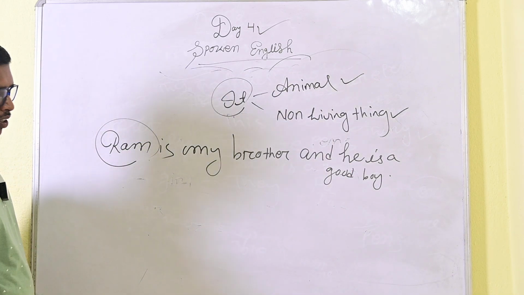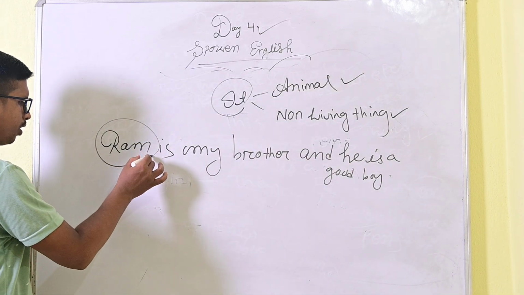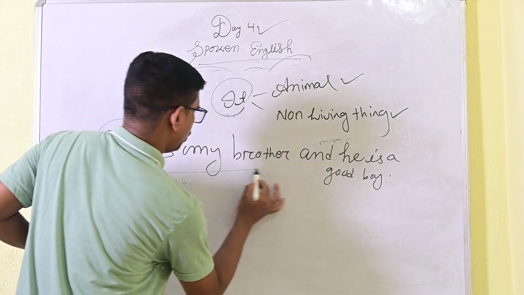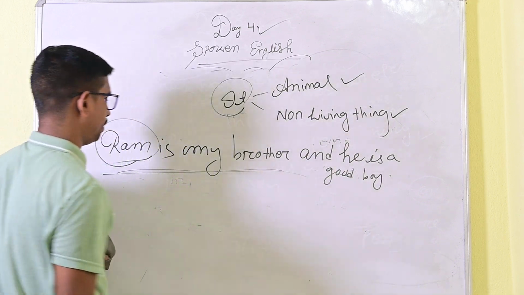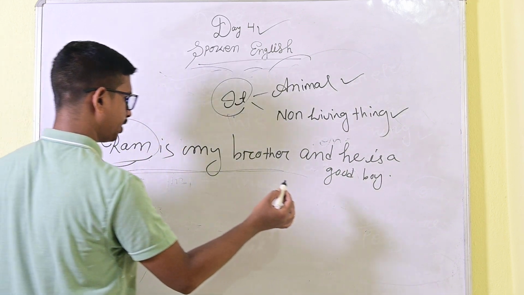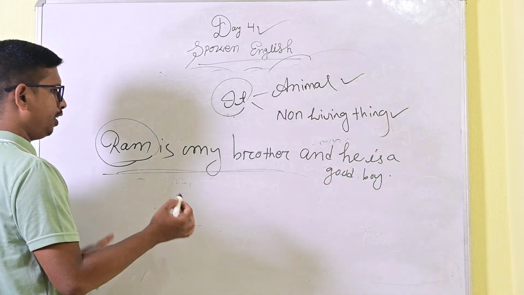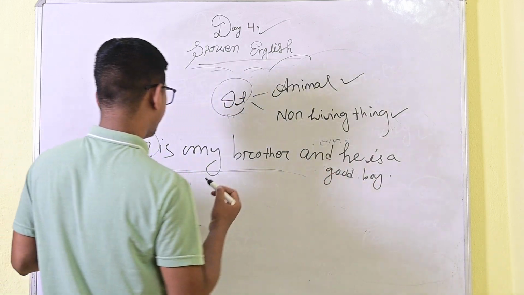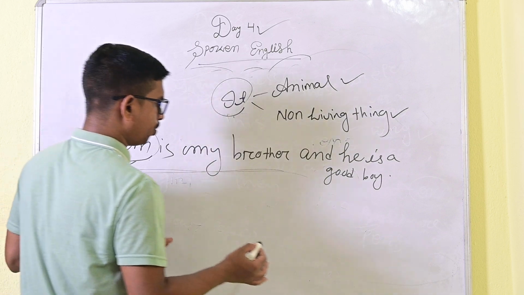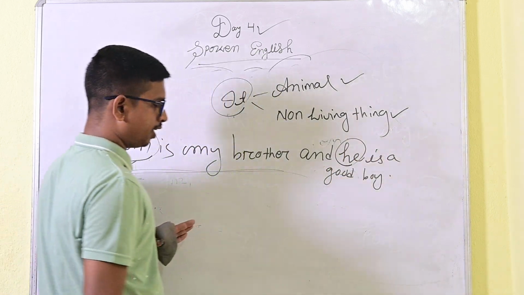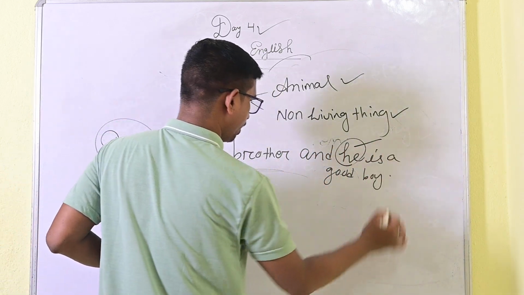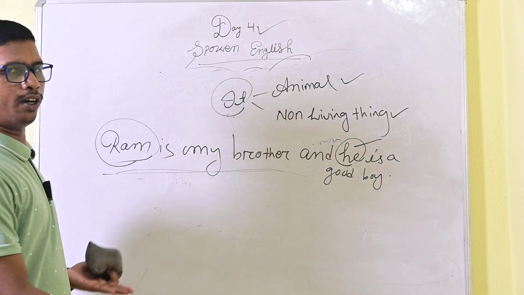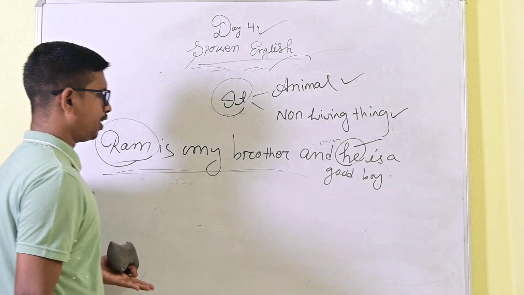Here Ram is singular. This is the first sentence, Ram is my brother. In the second sentence we did not write Ram. Instead of writing Ram we wrote he, because we can use he for boy.